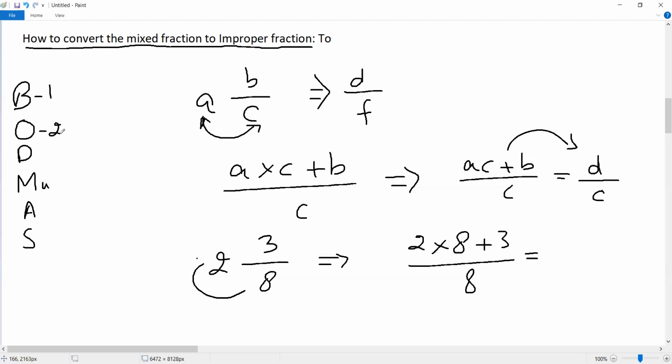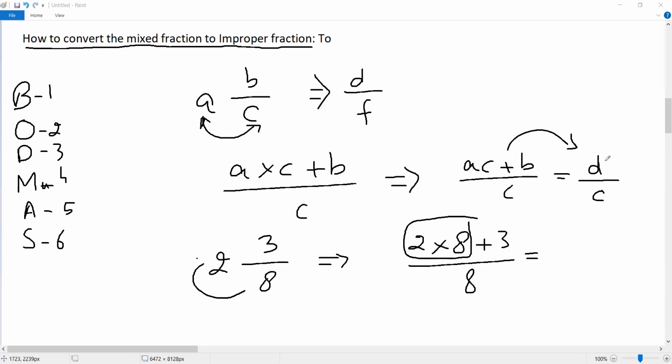Then number three, you do division. Number four, you multiply. Number five, you add. And number six, you subtract. So what is the order that we apply this rule over here? First, you have to multiply. It has higher precedence.